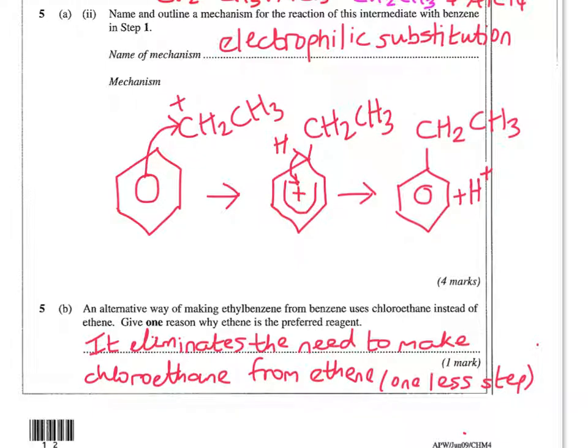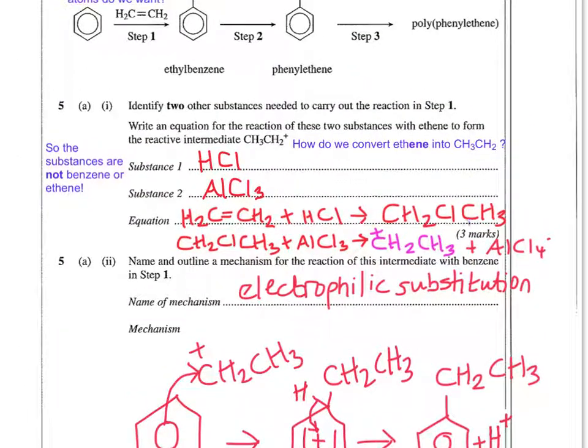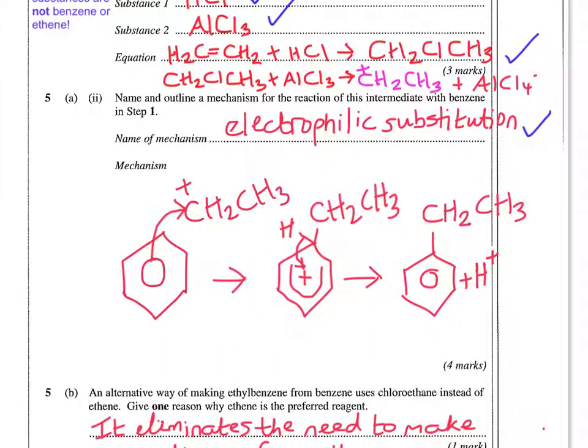So let's go back and quickly check where the marks will be allocated on our answers. If we go back up to the top, we have a mark each for our two substances, and an equation, both parts of it, you get a mark for there. The mechanism gets a mark as well, so now we can move down and have a look at why you get 4 marks in this place here.